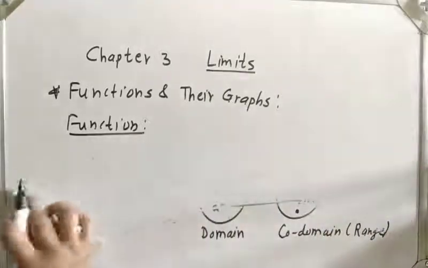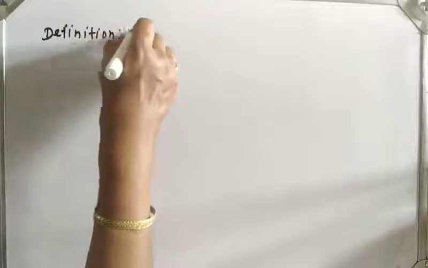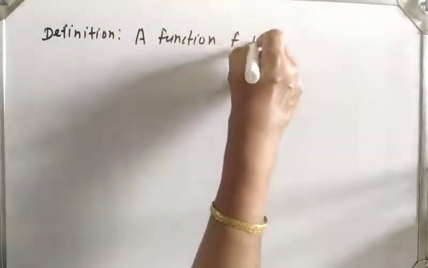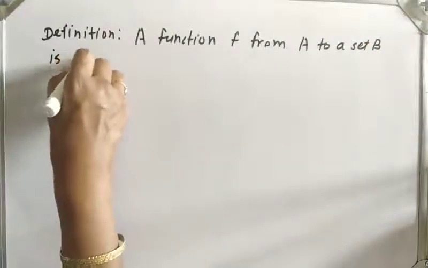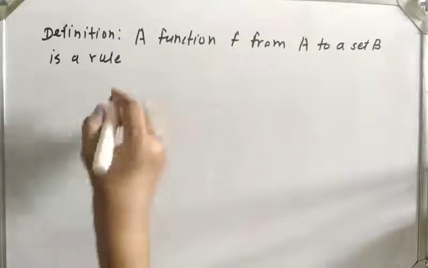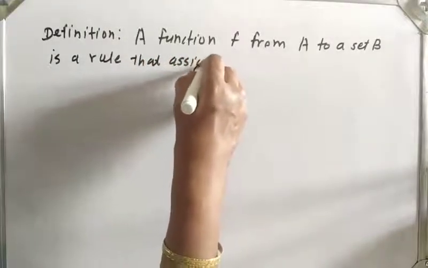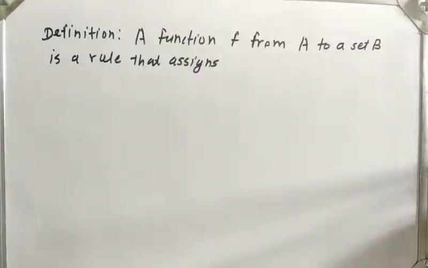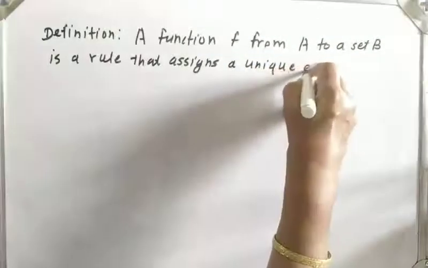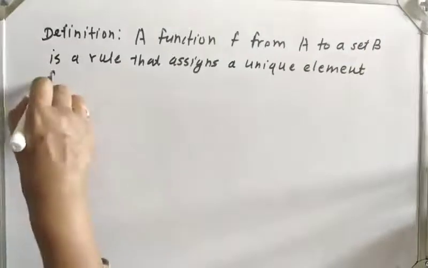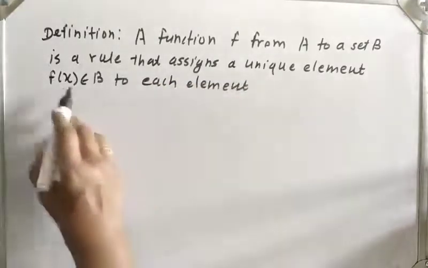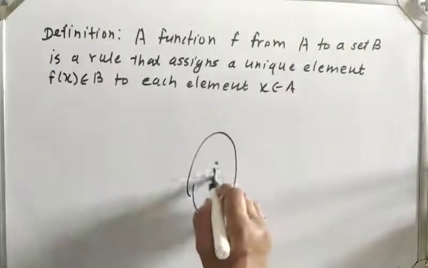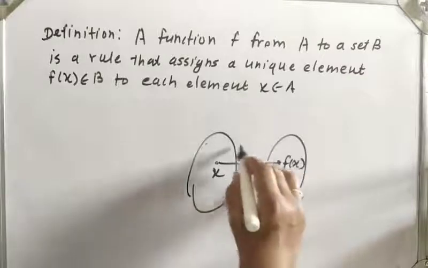Let us write down this definition. Definition: a function f from A to a set B is a rule that assigns a unique element f of x that belongs to B to each element x belongs to A. Means for x belongs to A, there is a unique element, we denote it by f of x for function f.